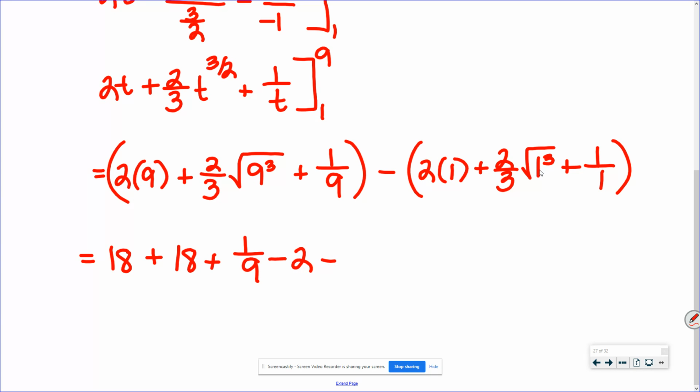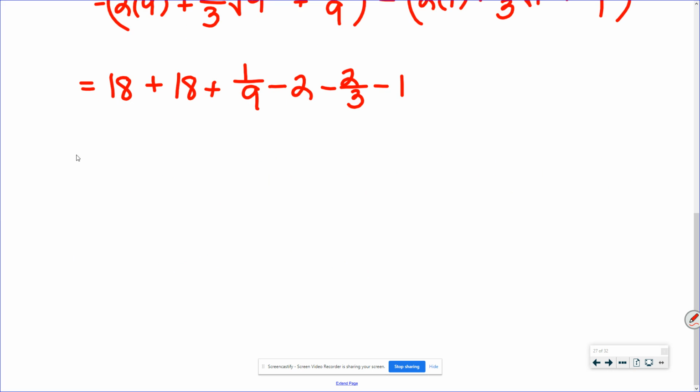Minus square root of 1 is 1 times 2/3, and then minus 1. Simplify all this stuff down, and you get 36, 34, 33 for the whole numbers. Minus, this would be equal to 5/9. And then we'll do one more step, and that would give you 292/9 as your area.